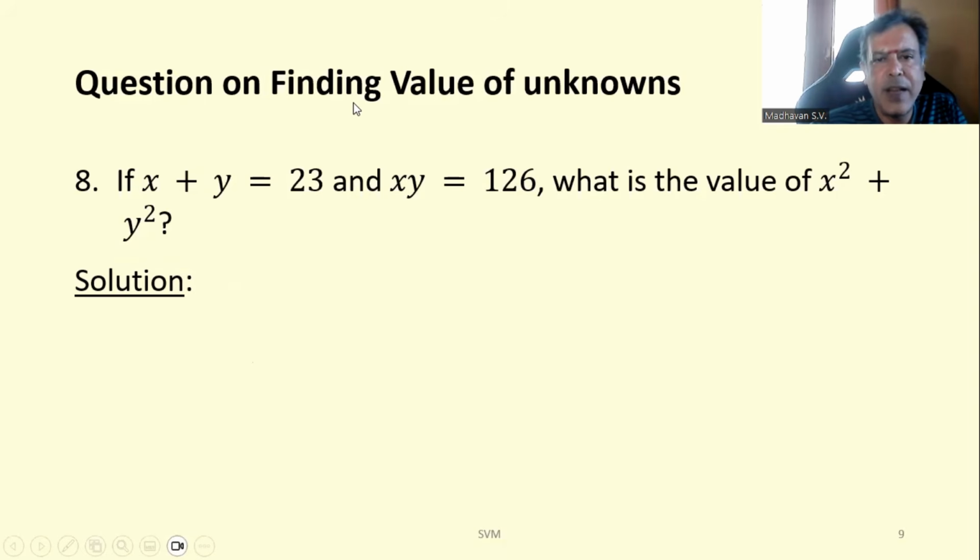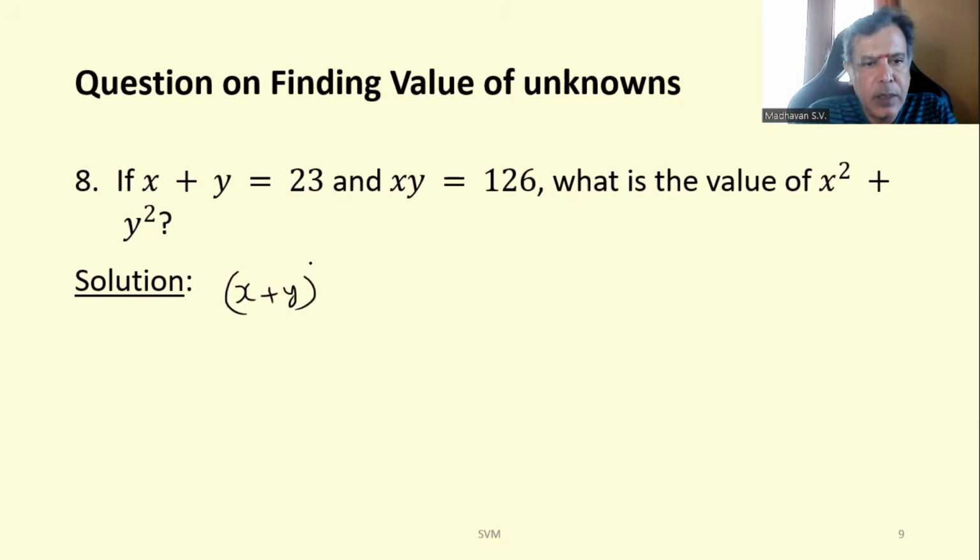It is about finding values of unknowns. Here they gave x plus y equal to 23, xy equal to 126. What is the value of x square plus y square? We know x plus y the whole square is x square plus y square plus 2xy. So here x plus y is 23 given.